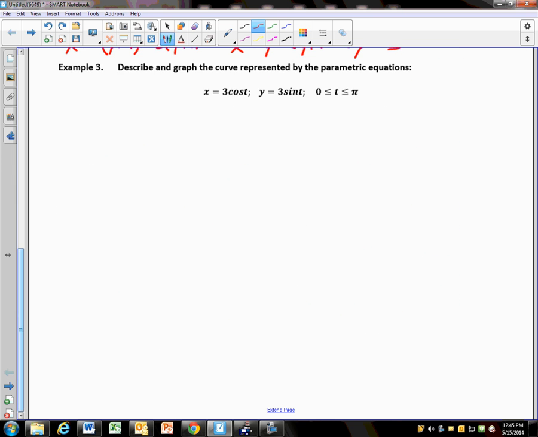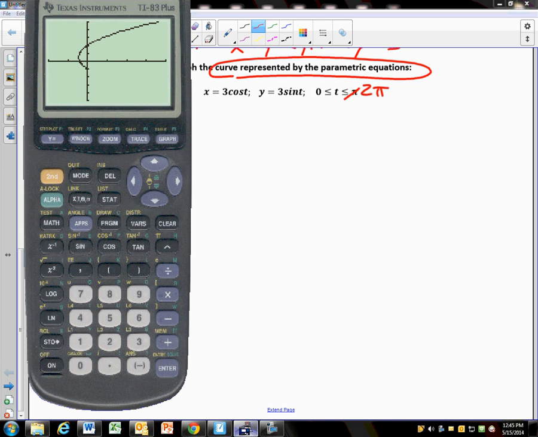Okay. Next example. Describe and graph the curve represented by the parametric equations. I'm going to change this to 2 pi. Sorry about that. Can you just look at this and determine what that graph is going to look like? So let's plug into our calculator and see what it's going to look like.